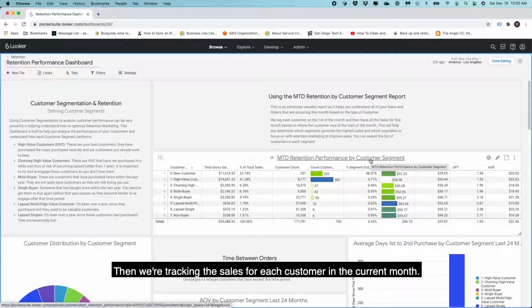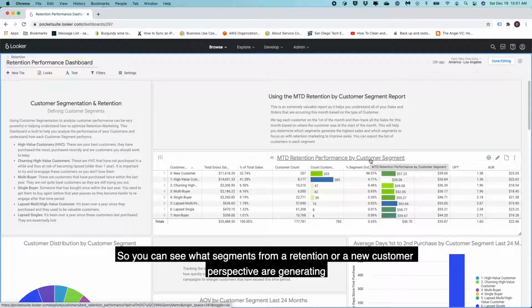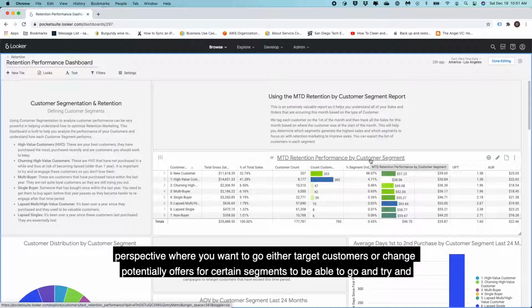Then we're tracking the sales for each customer in the current month, so you can see what segments, from a retention or a new customer perspective, are generating the most sales, and if there are opportunities you might have from a retention marketing perspective, where you want to either target customers or potentially change offers for certain segments to try and engage them.